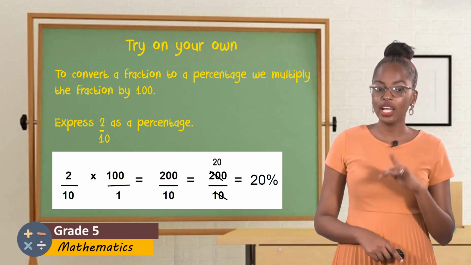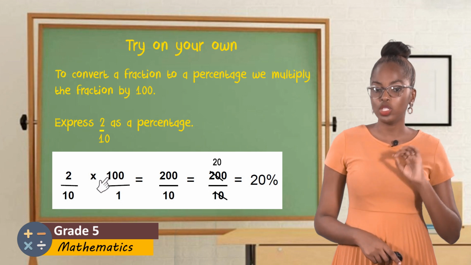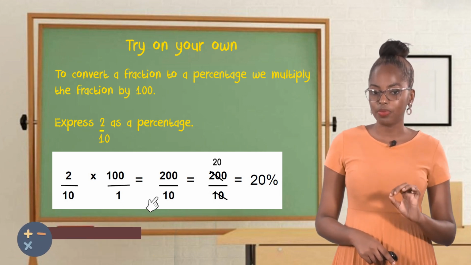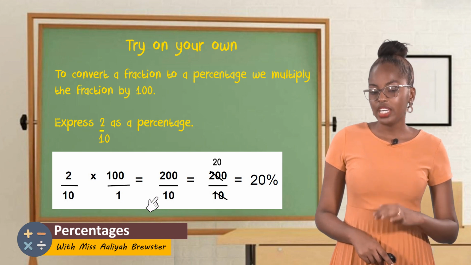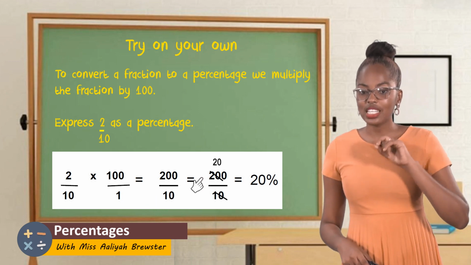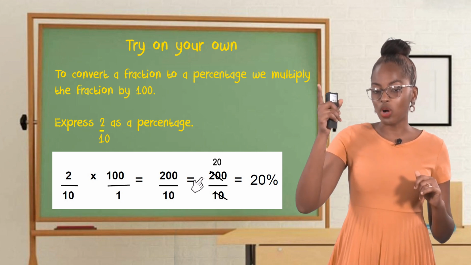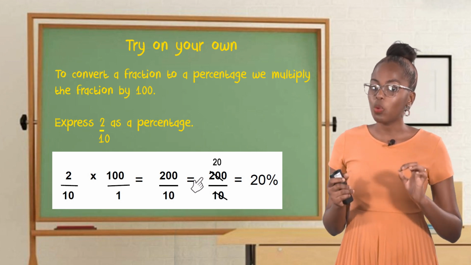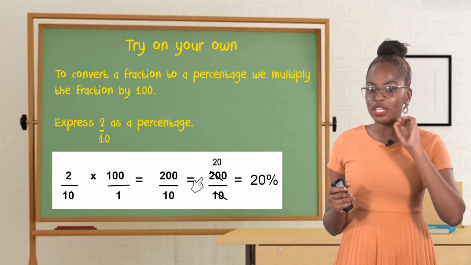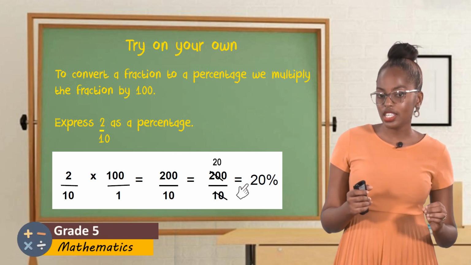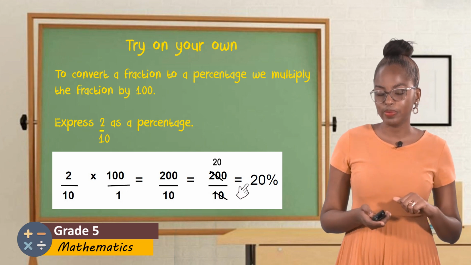We multiply. 2 times 100 would be 200, and 10 times 1 would be 10. What we can do then is cancel out the 2 zeros, the 0 from the 10 and the 0 from the 200, and what will be left is 20. Therefore 2/10 as a percentage is 20%.